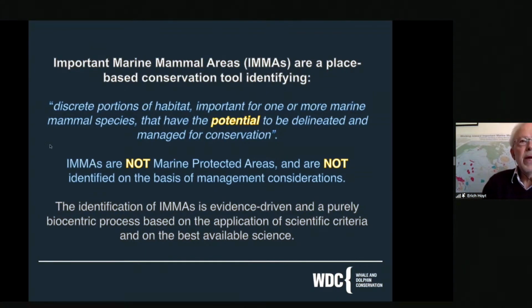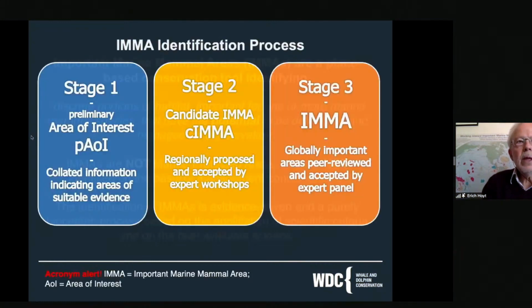So we have a 3-stage process. We come up with preliminary areas of interest, and I'll talk more about that in a minute. Then we have a stage 2 when we go into a week-long workshop with 20 to 50 experts from a given region, and come up with candidate IMAs, and then they go for peer review. Next slide.